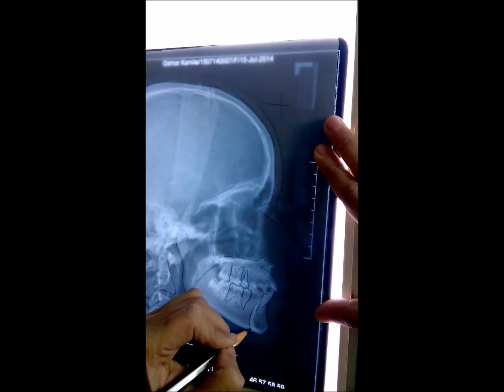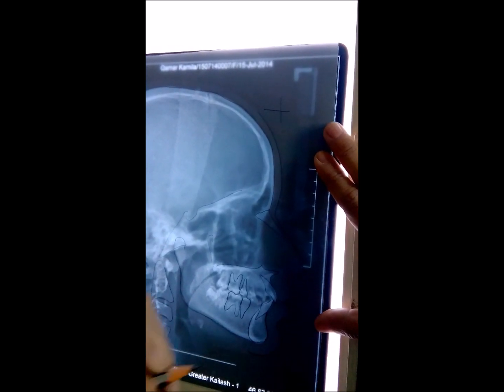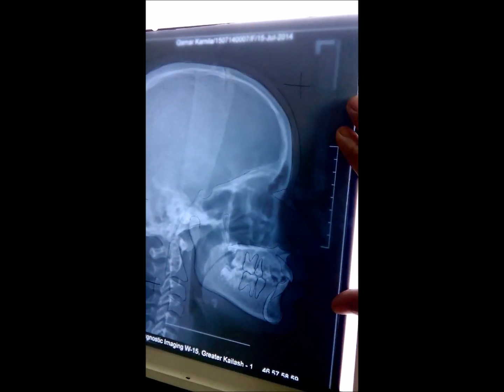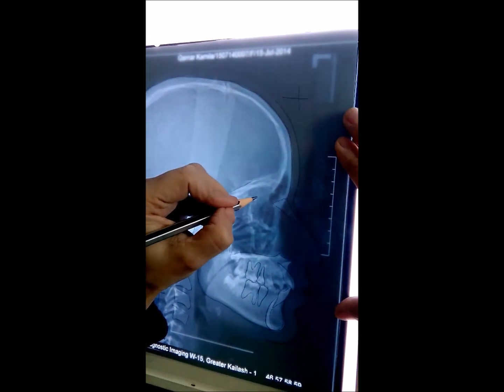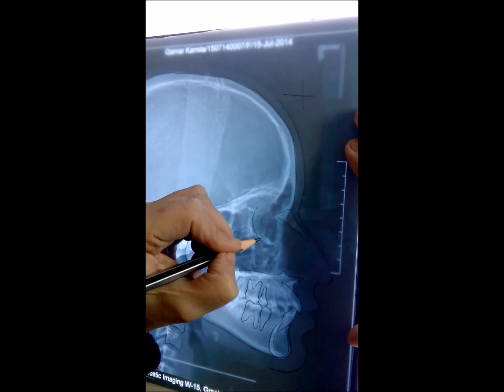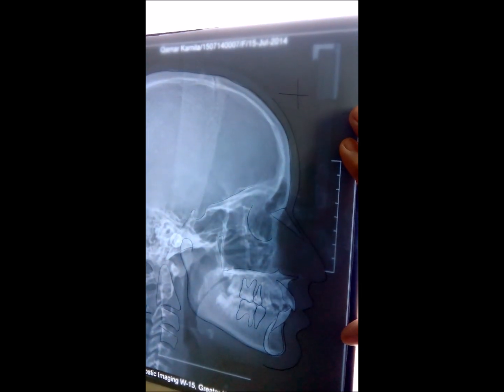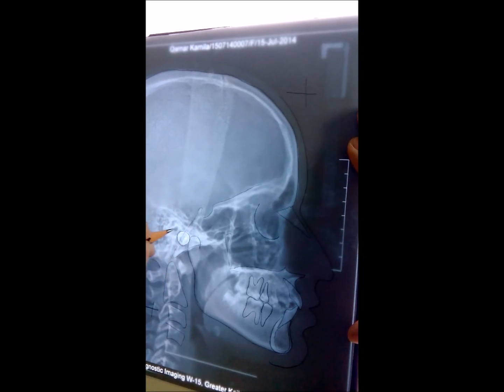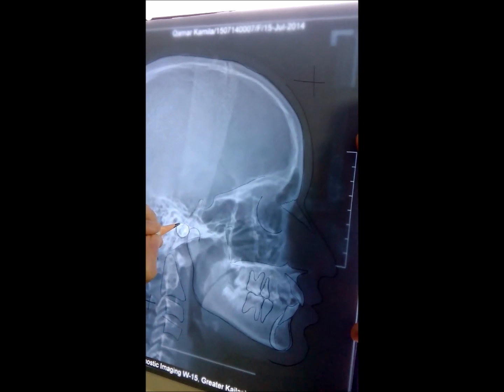This is the symphysis. The orbit also, you have to trace the outline of the orbit. The porion you have to trace, the machine porion. This is where the cephalostat rods are going to come.